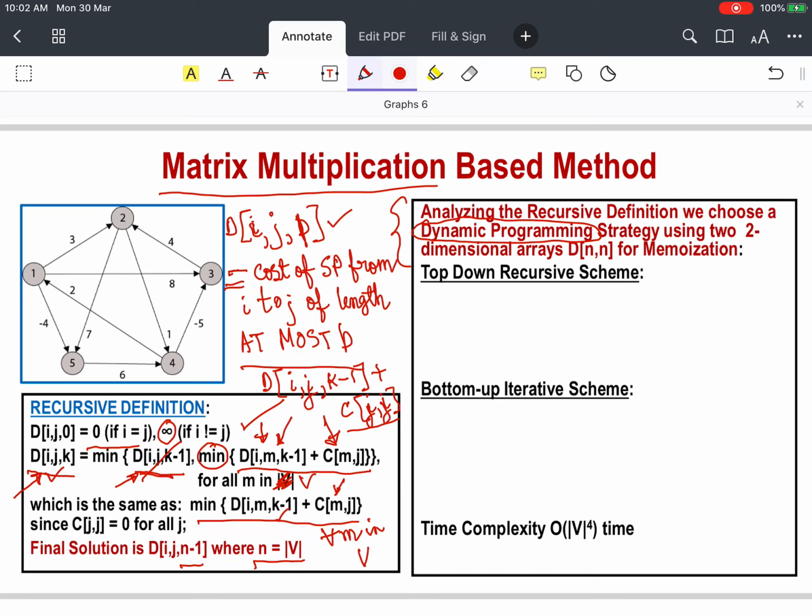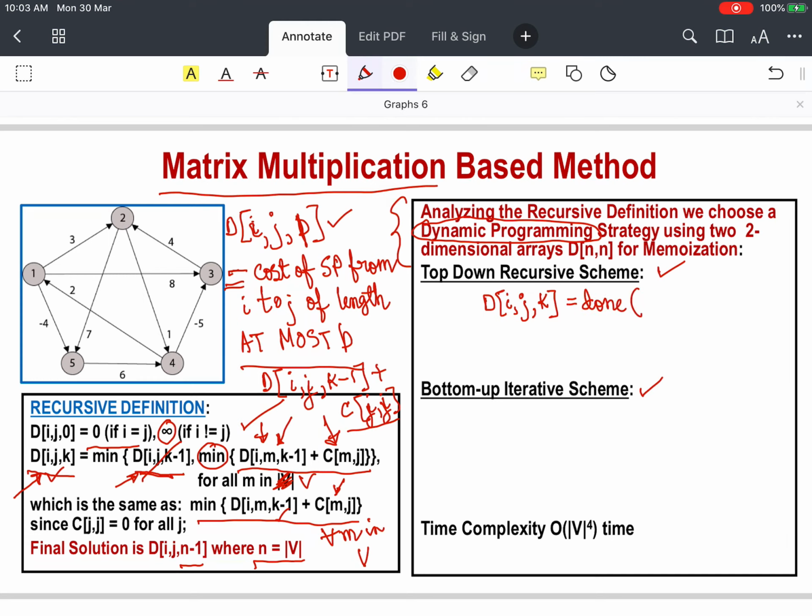So we will again do the recursive definition in two phases. One is the top-down recursive definition, the other is the bottom-up iterative scheme. For the top-down recursive definition, all we have to do is remember whether a particular Dijk value is already done or not.